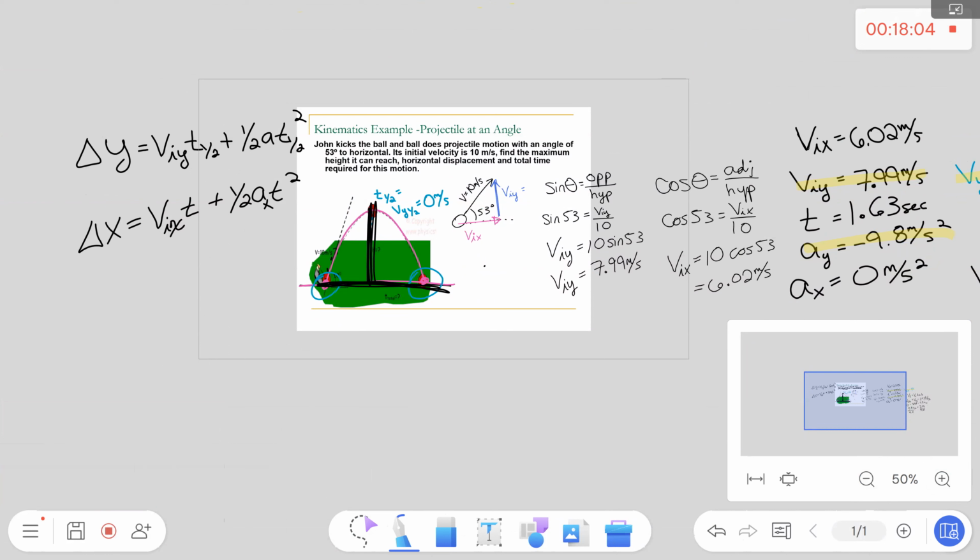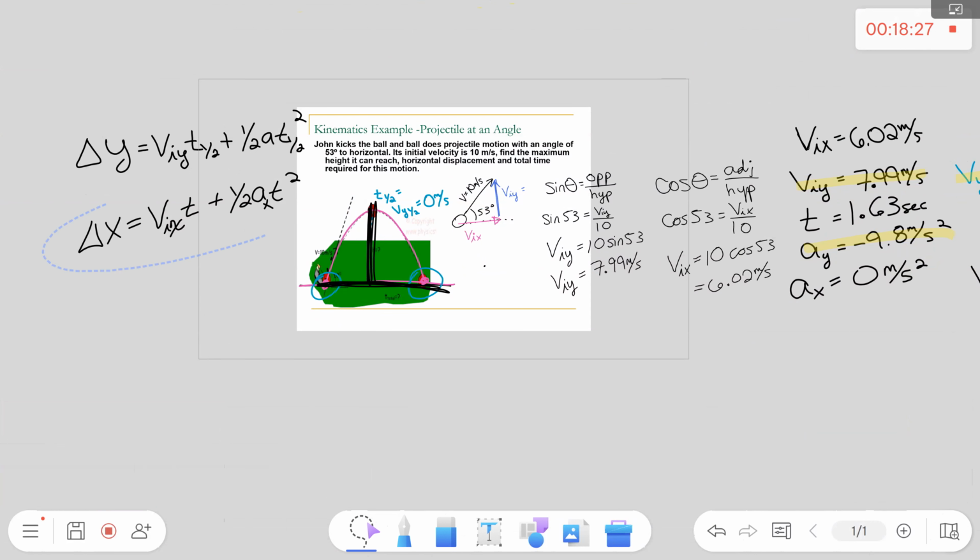Leaves these two equations, height and horizontal displacement. What do you guys get for delta y? You guys get any numbers yet? It's okay to say no. Okay.